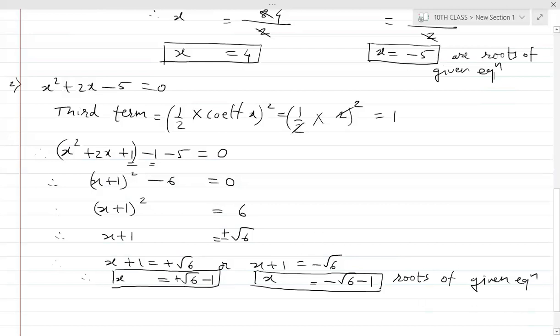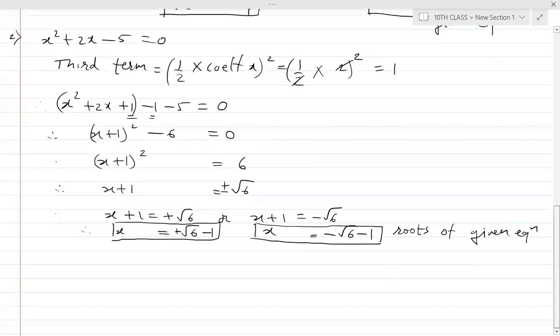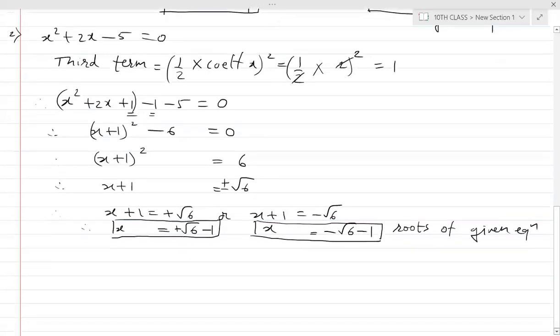Now the next problem we are going to solve. Third problem, m square minus 5m equals minus 3. Here we are going to write it in proper way. The equation becomes m square minus 5m plus 3 equals 0.